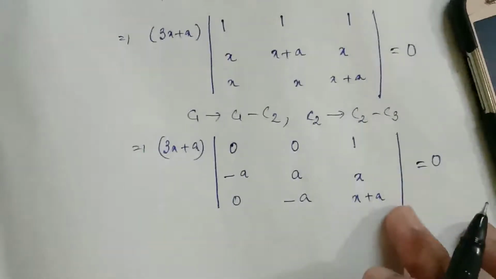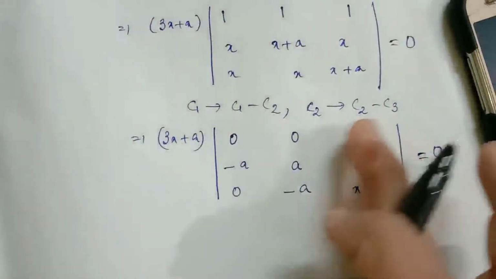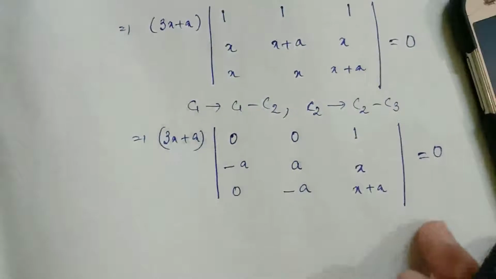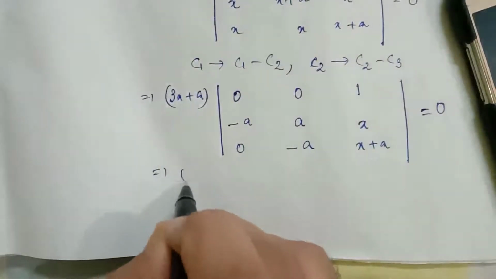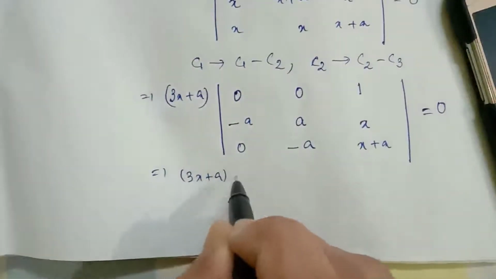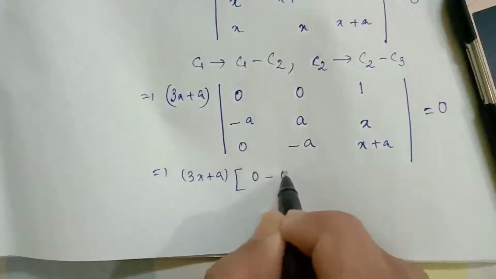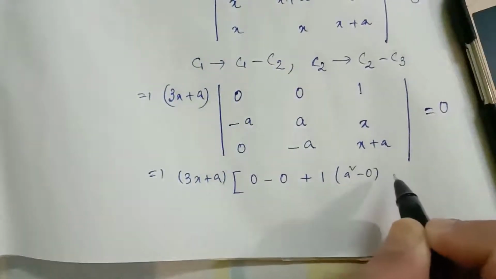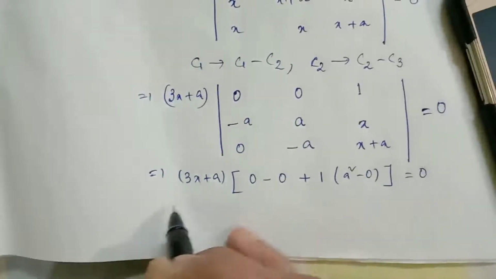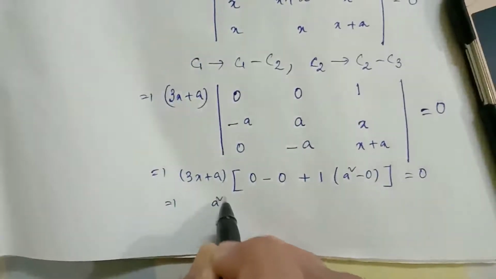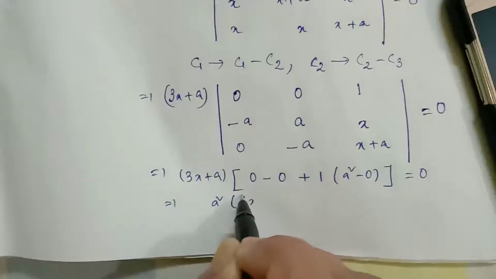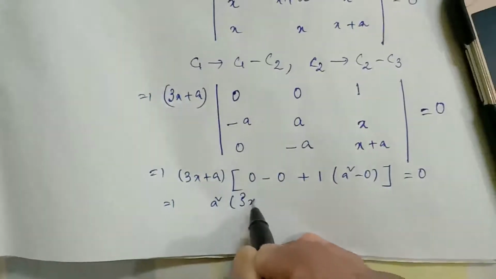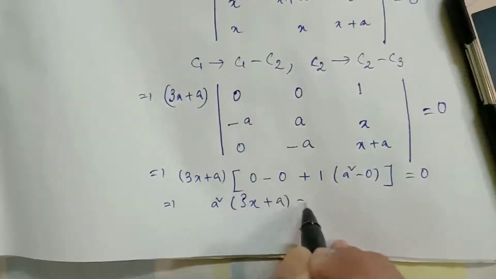Now if we expand along the first row, as there are two zeros, we will get 3x plus a into 0 minus 0 plus 1 into a square minus 0. So ultimately this will become a square into 3x plus a equal to 0.